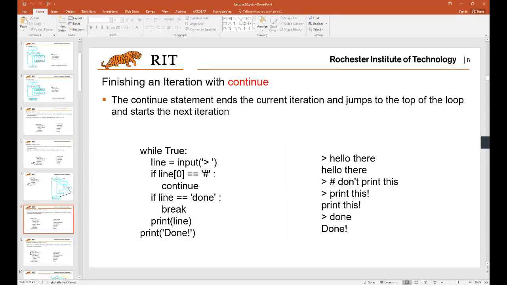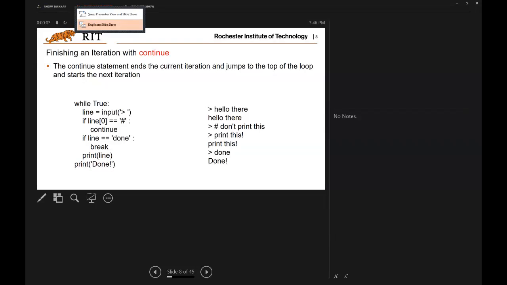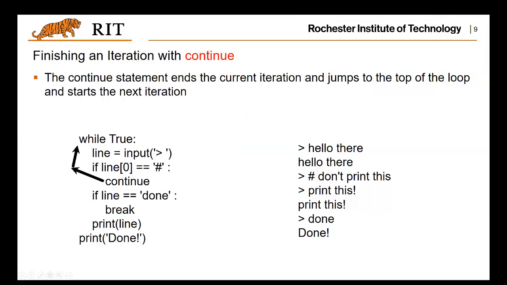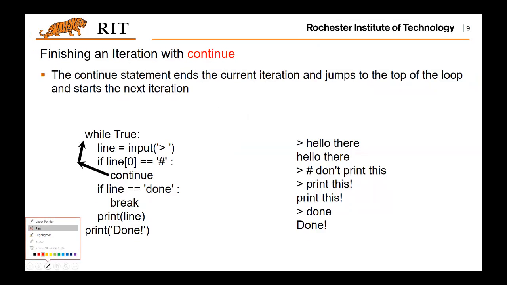Okay, I think you have tested it yourself, right? So as I mentioned, when you have a continue, that means you just want to go back to the beginning of the loop and check the condition. And that's the difference between continue and break.